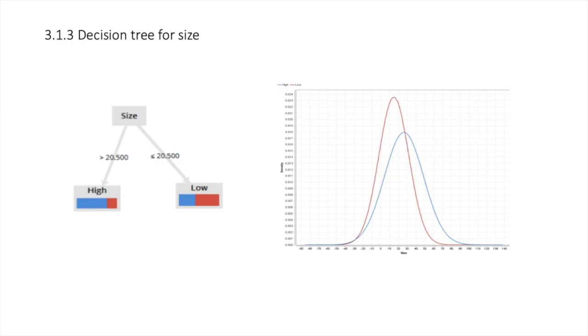The demand level of application depends on the different size of an application. When the size of application is over 20.5 MB, most applications are high demand. On the contrary, most applications whose size is below 20.5 MB tend to be low demanded.